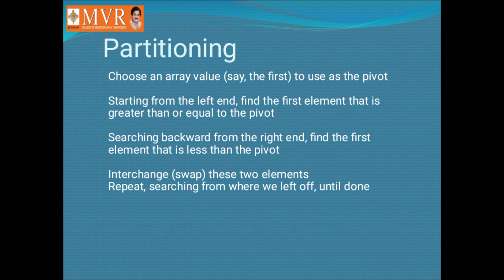That is, on the left side of the pivot element the smaller elements should appear, and on the right side the larger elements than the pivot element should appear. We will continue this process until my pivot element is in such a situation that the left sublist and the right sublist are partitioned correctly.